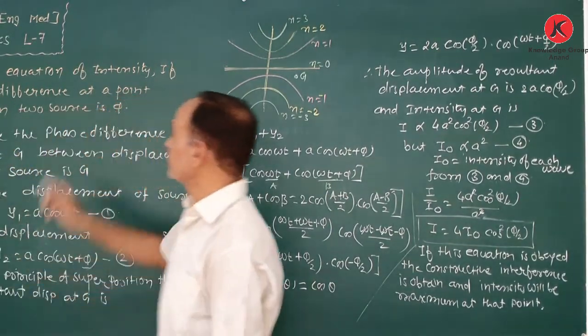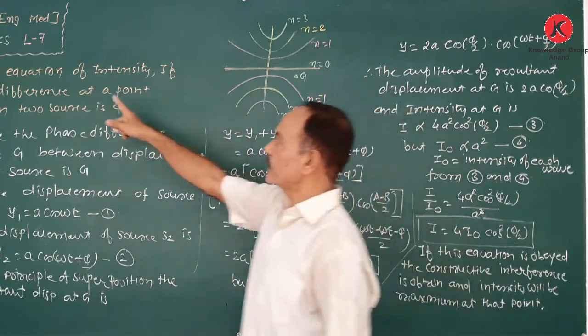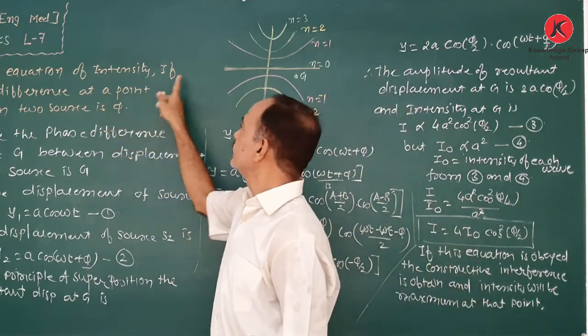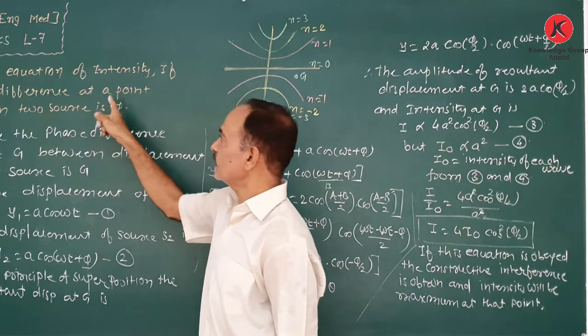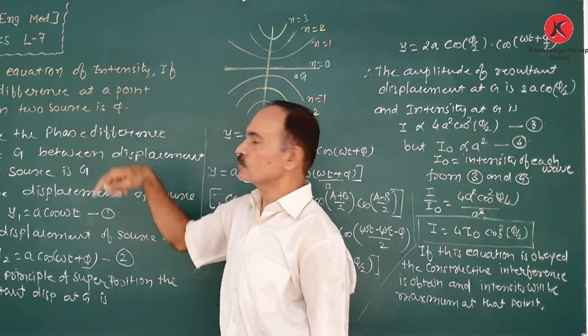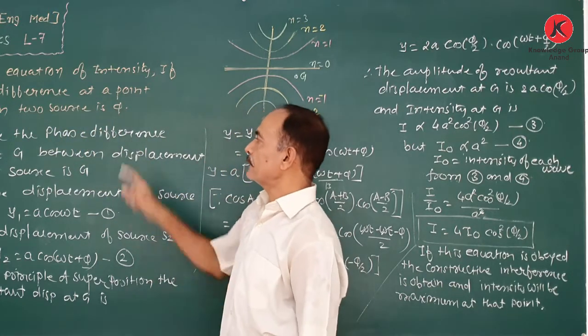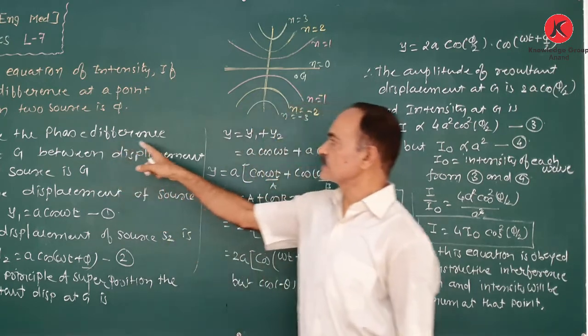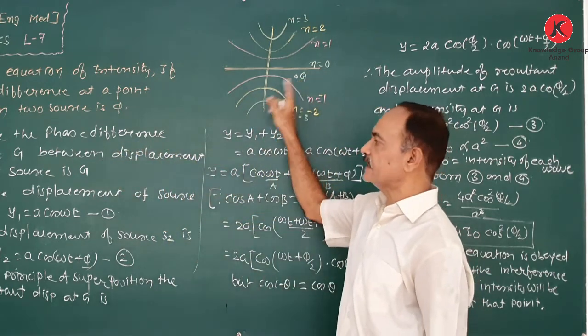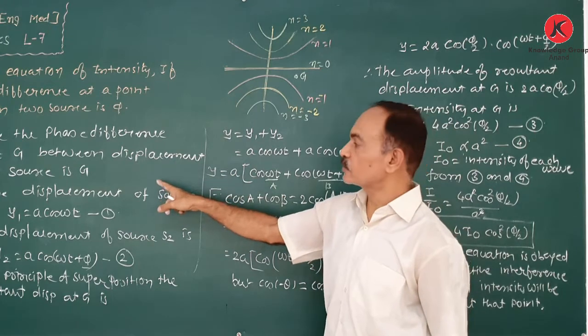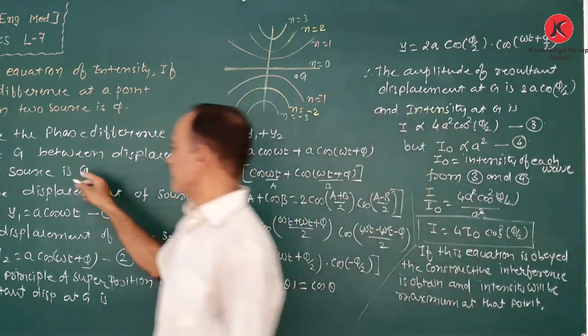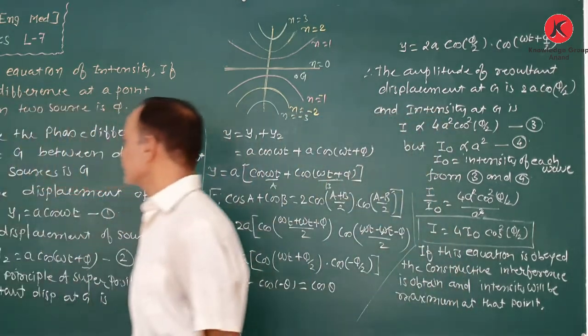Again we repeat it. Our aim is to obtain the equation of intensity at a point if the phase difference between the two sources is phi. For that purpose, first we assume that the phase difference at point G between the displacements of the two sources is phi.